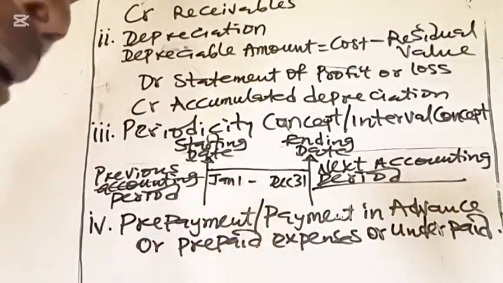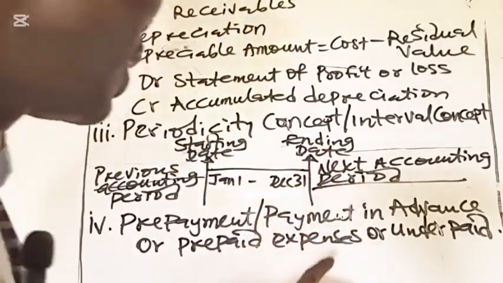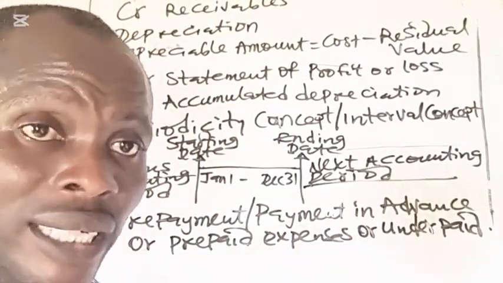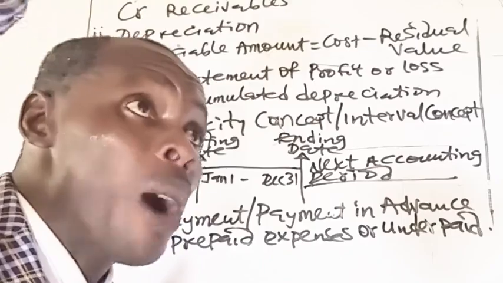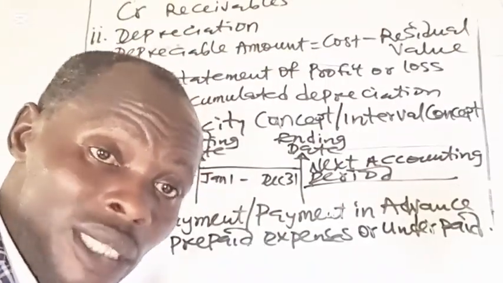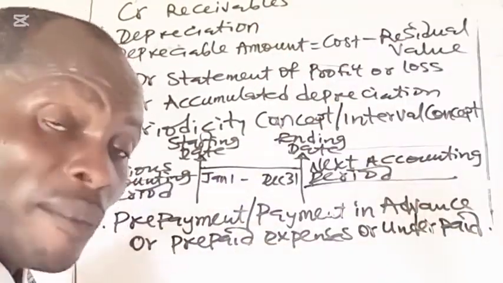So what do you mean by prepayment? Where a service has not yet been rendered, but that service has been paid for, that service is said to be prepaid. You are making a payment for a future period in which the service has not yet been enjoyed.